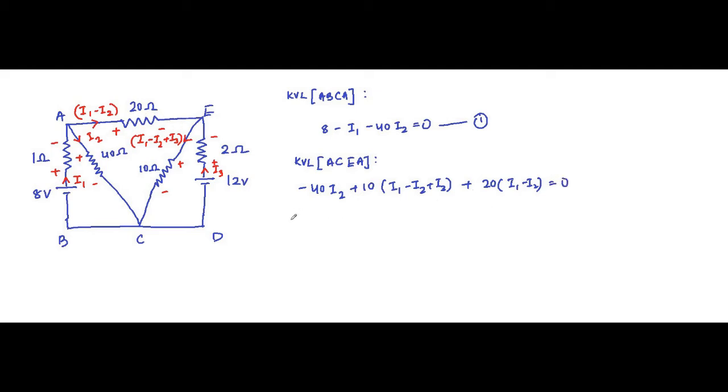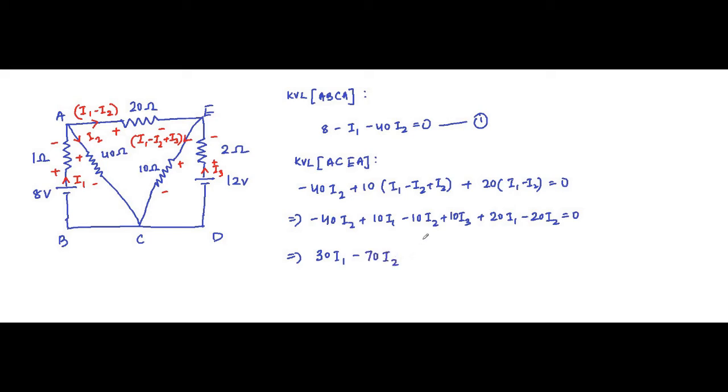So let us simplify this. Minus 40 I2 plus 10 I1 minus 10 I2 plus 10 I3 plus 20 I1 minus 20 I2 equals to 0. So let us bring all the coefficients in one side. 10 I1 plus 20 I1, so that will be 30 I1, minus 40 I2 minus 10 I2 minus 20 I2, that is minus 70 I2.